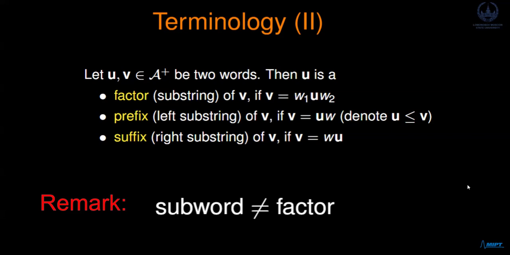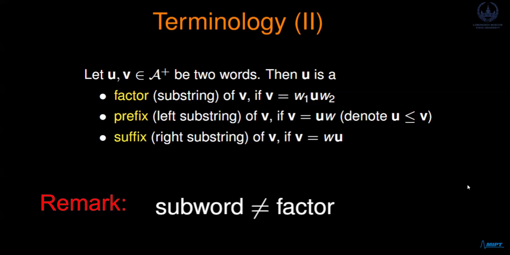Second, U is a prefix of V if V can be written as UW, meaning that U appears at the beginning of V. This relationship is denoted by U less than V. Finally, U is a suffix of V if V can be written as WU, meaning that U appears at the end of V.